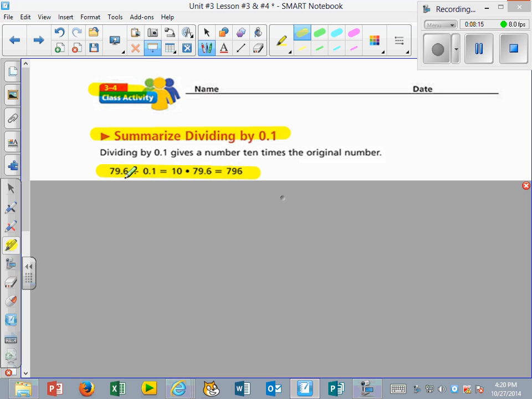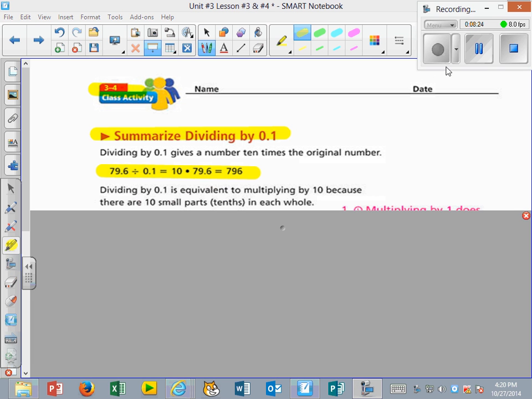Moving the decimal 1 place to the right. 10 times 79.6 would equal 796. It goes on to say dividing by 0.1 is equivalent to multiplying by 10 because there are 10 small parts, tenths, in each whole.